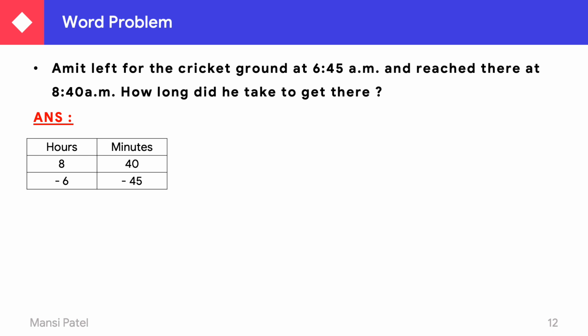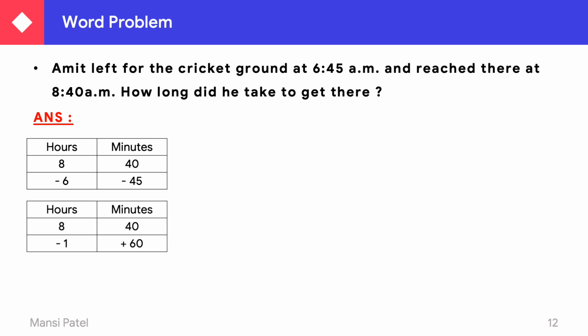Here we have to borrow from hours. So from hours, we have to subtract 1. So 1 hour is equal to how many minutes? 60 minutes. We are not able to subtract the minutes. That's why we have to borrow from the hour.